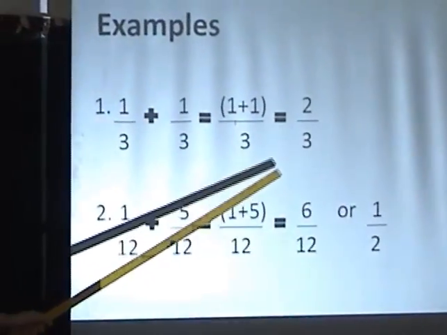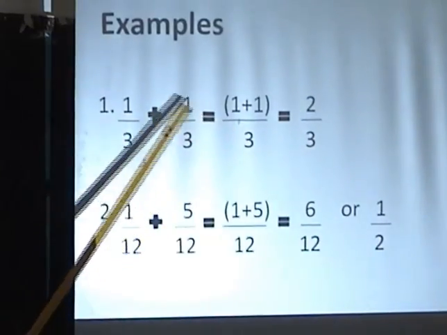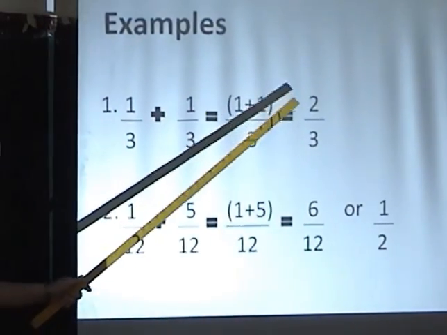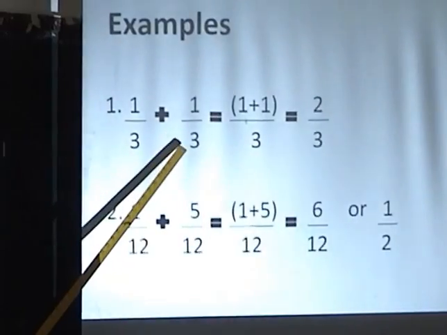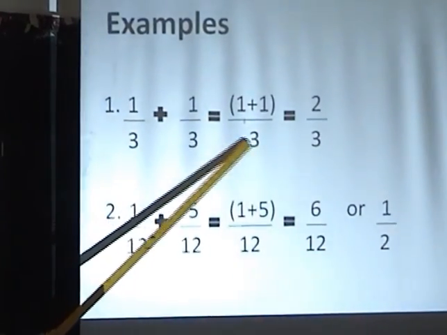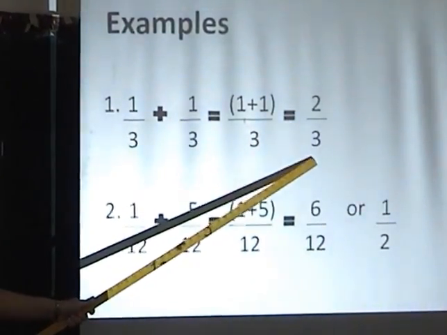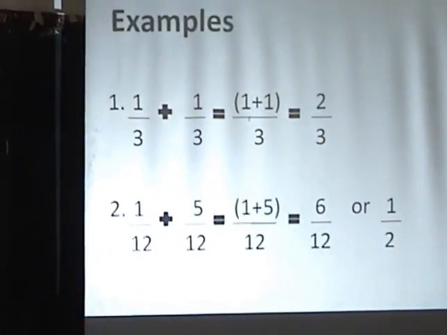1/3 plus 1/3 is equal to 2/3. Adding 1 plus 1 becomes 2, and then we just copy or keep the common denominator, which is 3. The answer is 2/3.